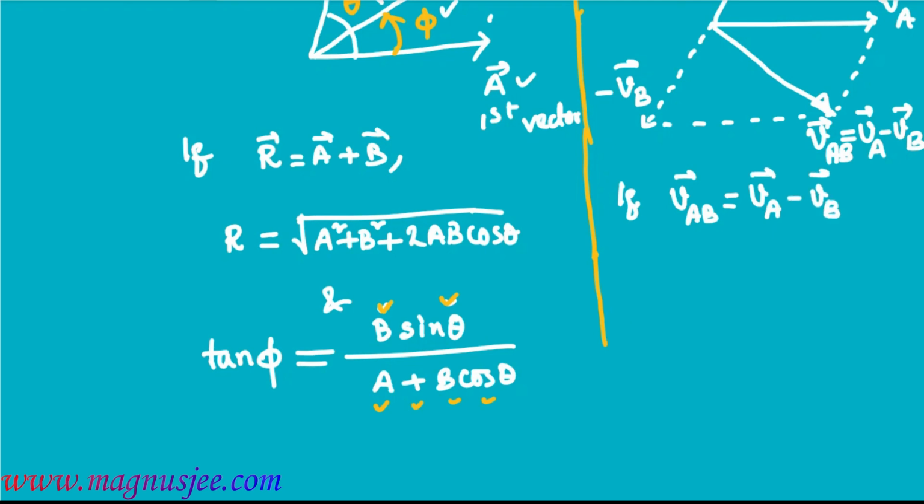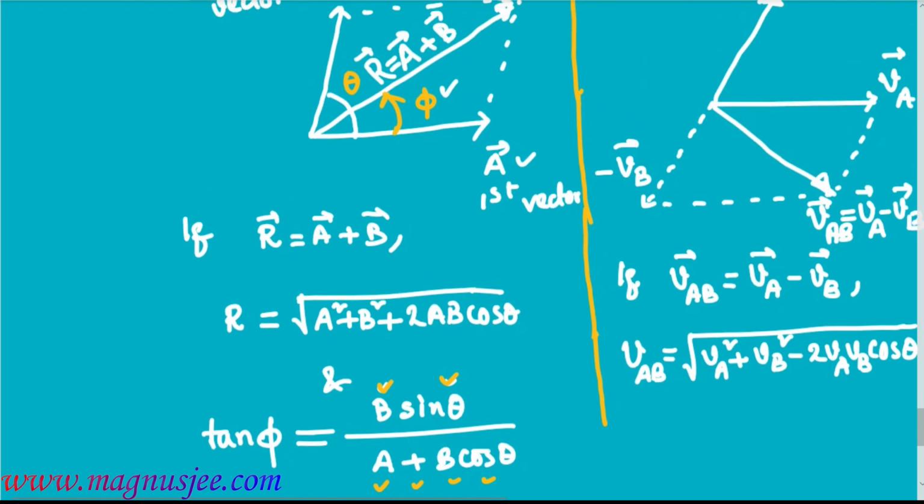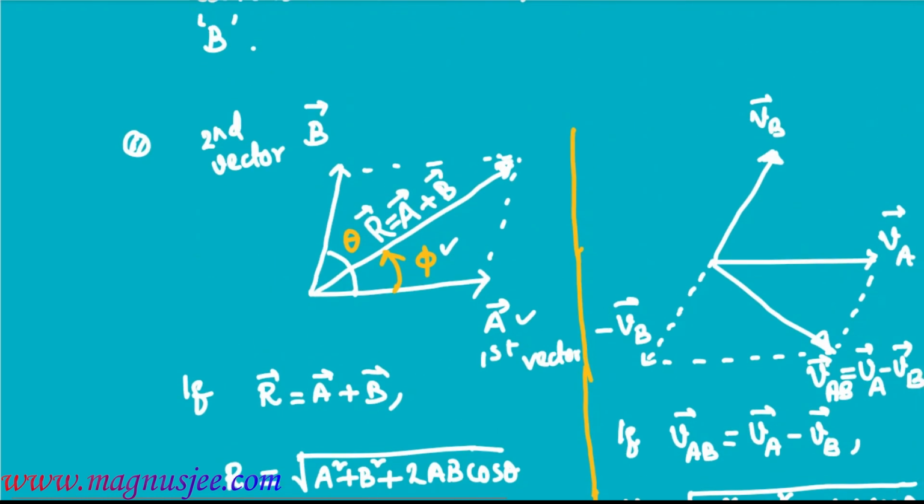If vector VAB equals vector VA minus vector VB, then the magnitude of VAB equals root over VA square plus VB square minus 2 VA VB cos theta. Now the angle between vector VA and VB is theta.